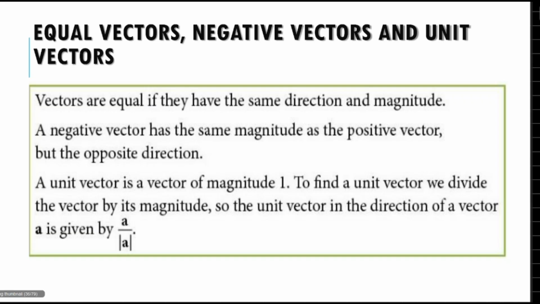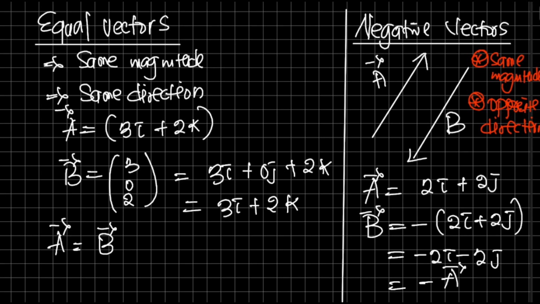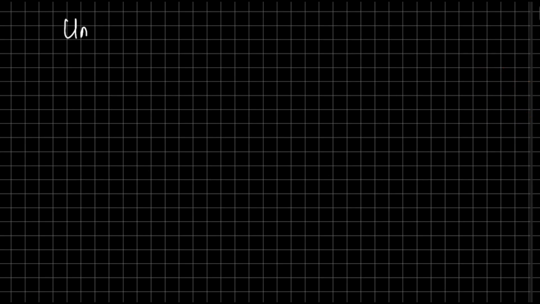Then we have one more parameter. So we talk about the unit vector. A unit vector is when you divide a vector by its magnitude. So unit vector is defined thus.